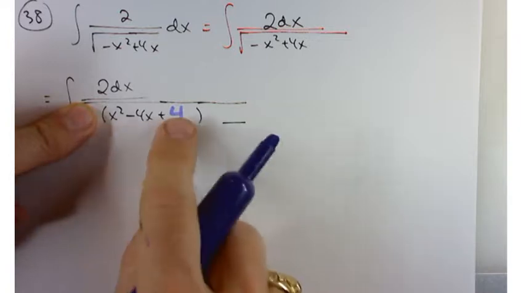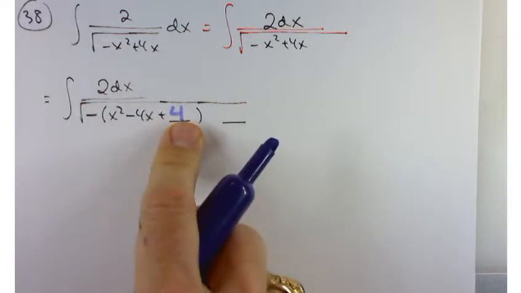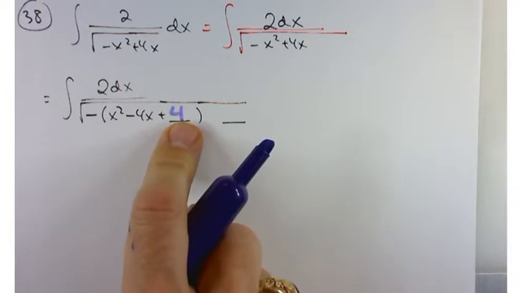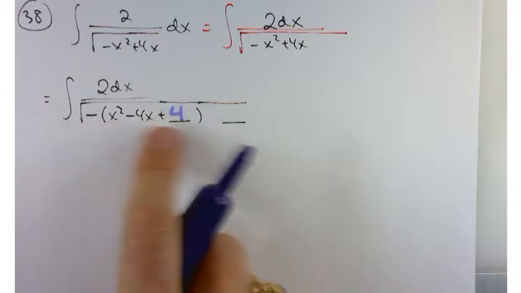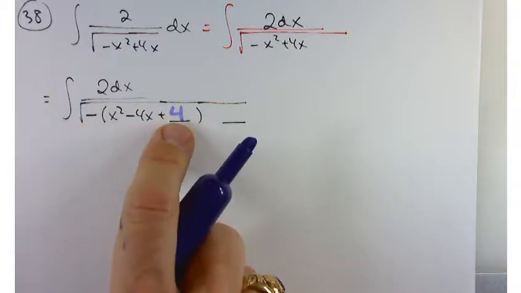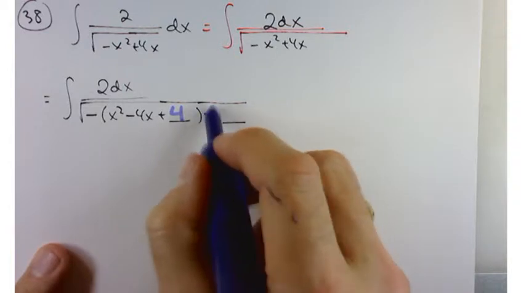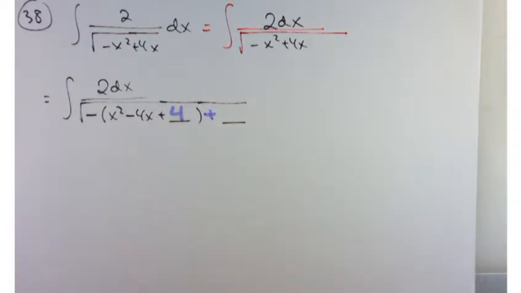Now, putting a positive 4 in there, I've really added negative 4 to this denominator, right? Negative times positive 4 gives me negative 4. So effectively, I've subtracted 4. If I want to keep that in balance, what do I got to do? Add 4. So over here, I'll put a plus 4.